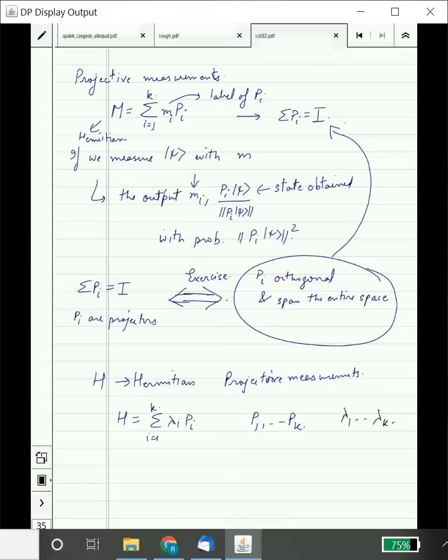And then, as specified above, I will obtain lambda i with this probability, and my state is going to be as expected. You should definitely convince yourself that this is exactly the same as what happened in the standard basis.